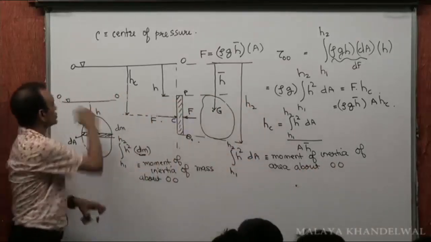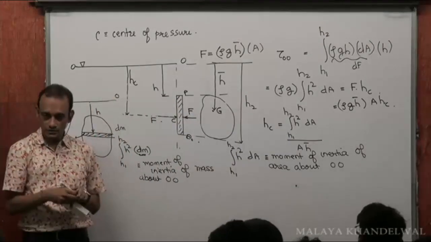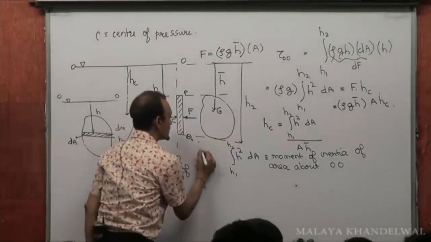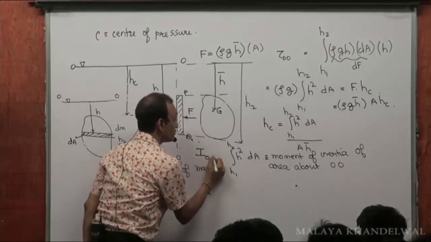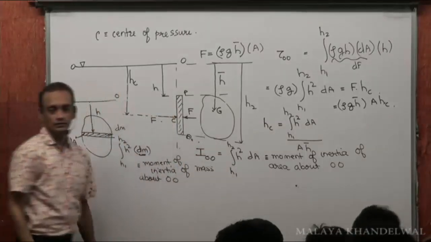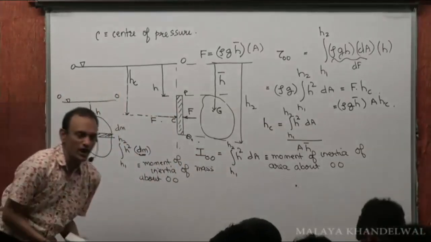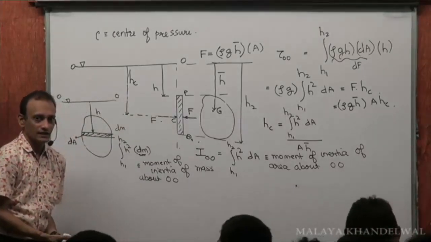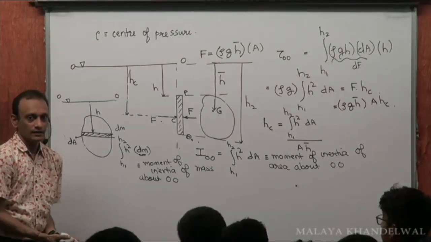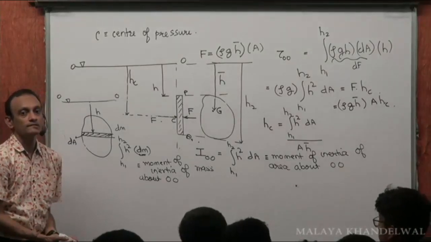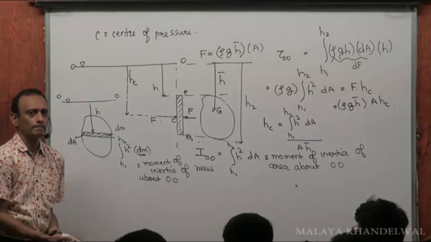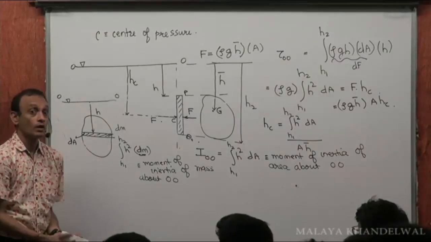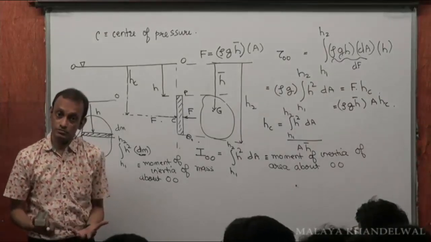OO is the free surface, right? This is like IOO, moment of inertia of area. Instead of mass elements, you have area elements. That's all, right? How's the area distributed?